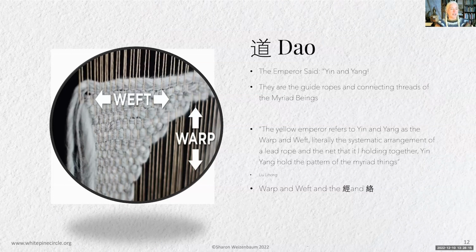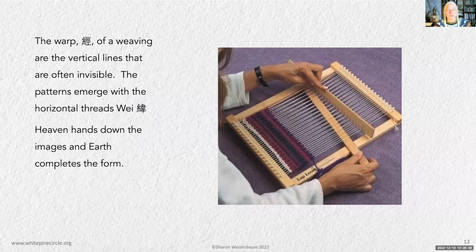So we have this pattern, but what's important now, because we're looking at the number 6, is this vertical line that is the channels of our body. This warp, these vertical lines, the Jing also means the warp of a weaving, are the vertical lines that are often invisible. Like when you make a weaving, you can see as the weft is formed, the Jing lines have become invisible.